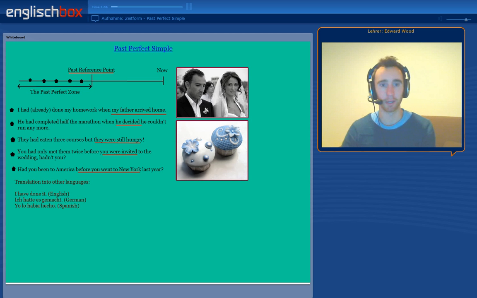The same again in number 3, they had eaten 3 courses, but they were still hungry. They were still hungry is the past reference point, and before this action, before this state, if you like, they had eaten 3 courses. Again, you had only met them twice before you were invited. This action happened before, very clear with the use of the adverb as well.